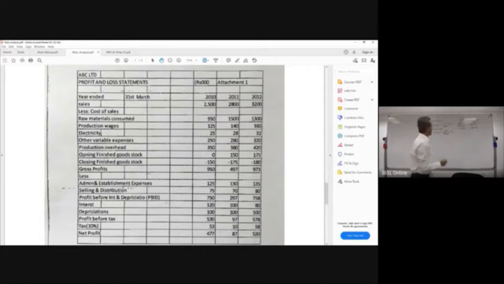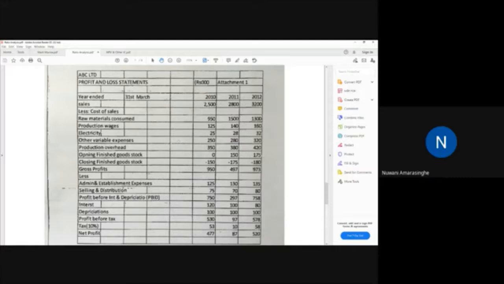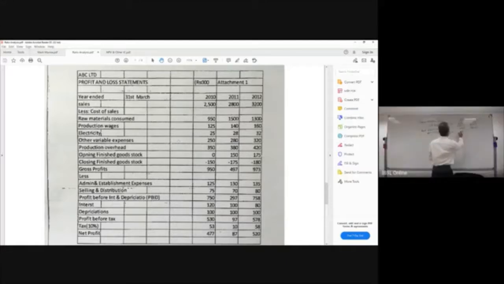Net profit in 2011. What is the net profit? 87, divided by the same 2,800. The answer is 3.11%.